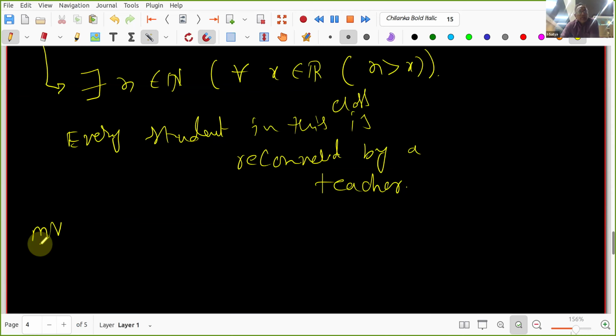What is the mathematical version? Given any small s belonging to G3. Yeah, wonderful. You are more accurate than me. Given any student in G3, yes. Now there are teachers, right? Teachers, we can put T or F, you can choose one.